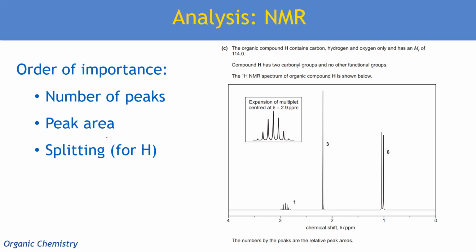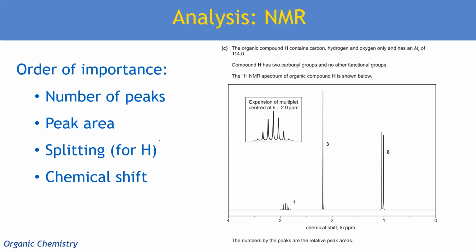Splitting patterns is usually the last bit of information I need. Chemical shift tends to be something that students go to look at because you've got it in a data book and you can cross-reference it. But I would say it's the least important bit of information, because by the time you look at the chemical shift, you could have worked out the whole molecule without knowing what the chemical shifts were.